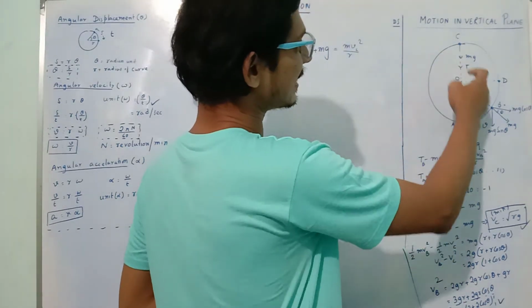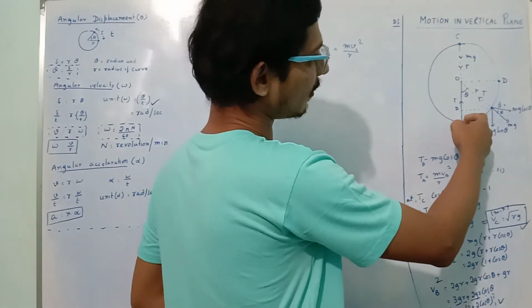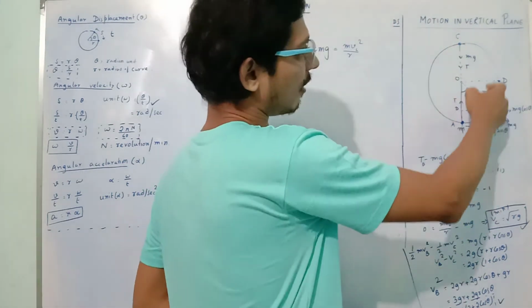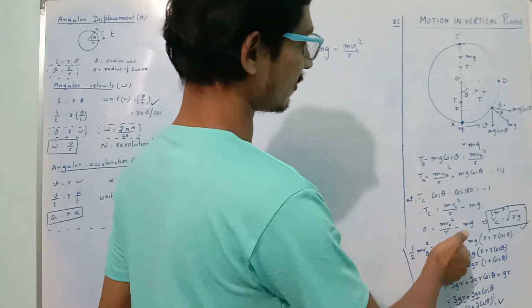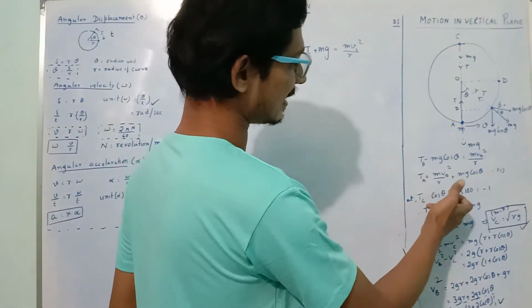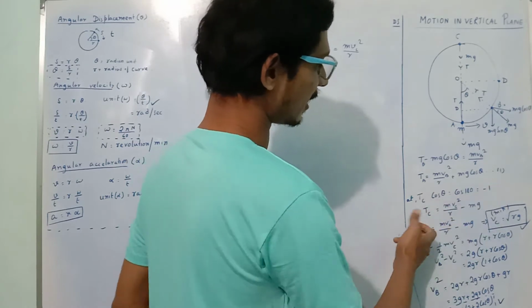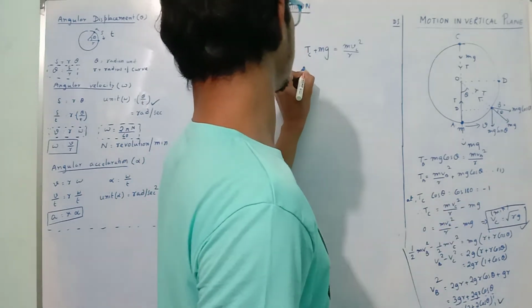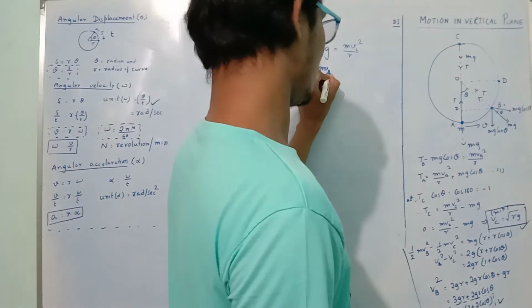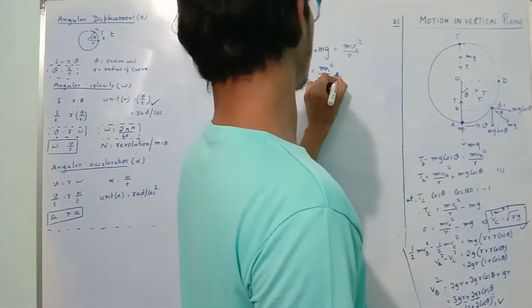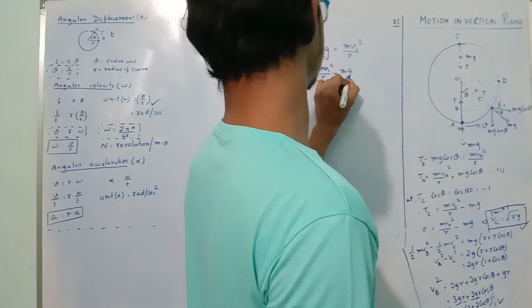Now, while moving from point A to C, we covered an angle of 180 degrees. So the angular displacement is 180 degrees, and cos 180 will be minus 1. So tension at C is equal to mvc square by r minus mg.